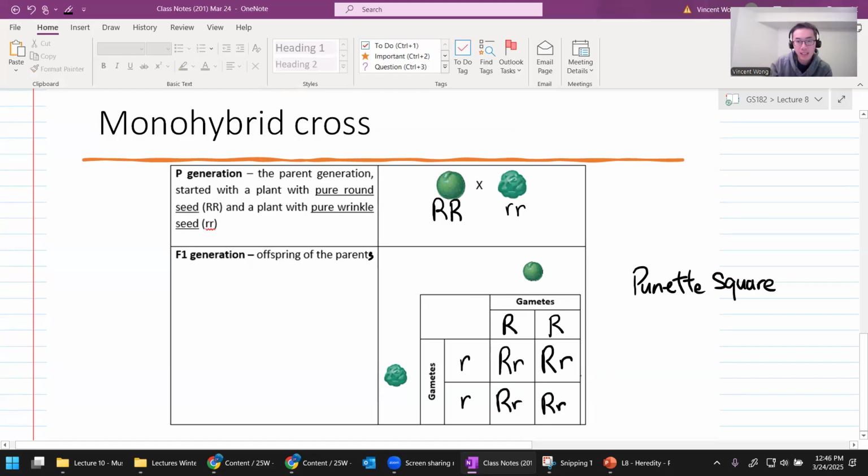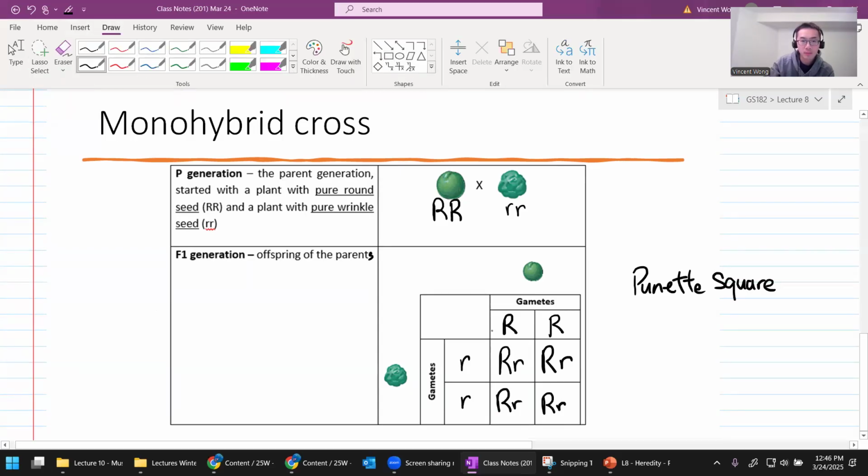And you can see for the F1 generation right here, all these are the possible outcomes for the babies. And what do you see? Well, we see that it is going to be 100% big R, small r. This is the genotype. And what about the phenotype? Do you think these F1 plants will have round seed or wrinkle seed?